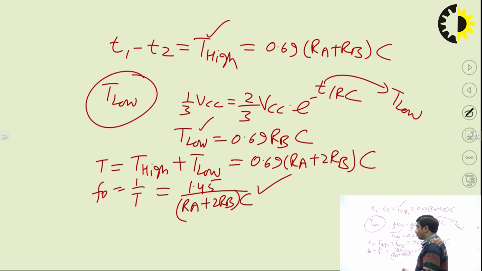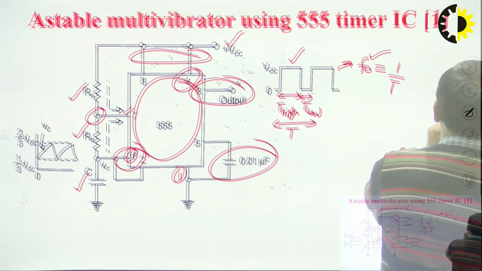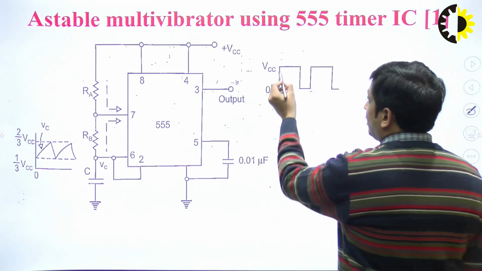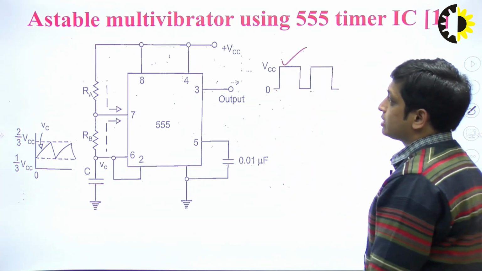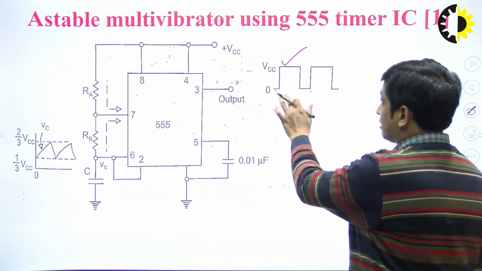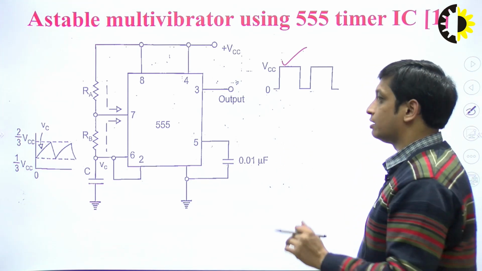For that, what we do, coming to this circuit again, see, we have understood how this astable multivibrator is generating this pulse waveform, but the duty cycle of this pulse waveform is not 50%, and we want this 50% duty cycle. Fine.